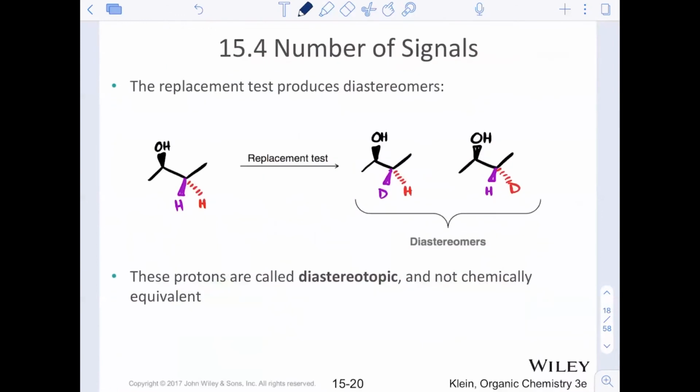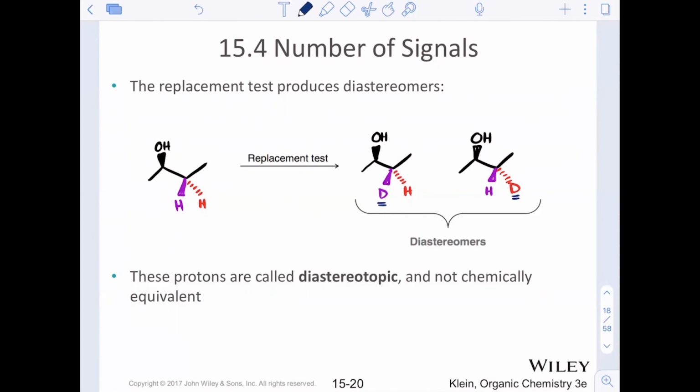The replacement test will also be able to prove diastereomers. Notice here on this replacement test, we take one hydrogen and the other hydrogen and replace with deuterium. Take a moment, just take a pause. How would you identify these as diastereotopic, maybe even without doing the replacement test?